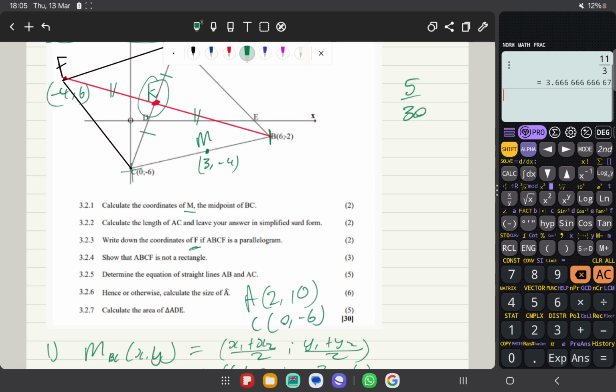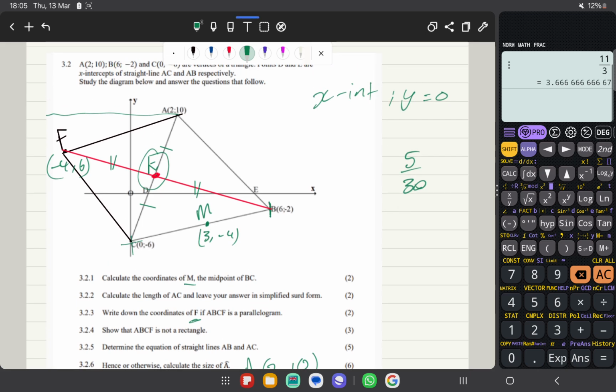One thing you can do is take two adjacent sides, calculate the gradient of each one, multiply those gradients, and they will not give you minus 1. I can already see this quadrilateral cannot be a rectangle, maybe a parallelogram but not a rectangle. So let's do that.